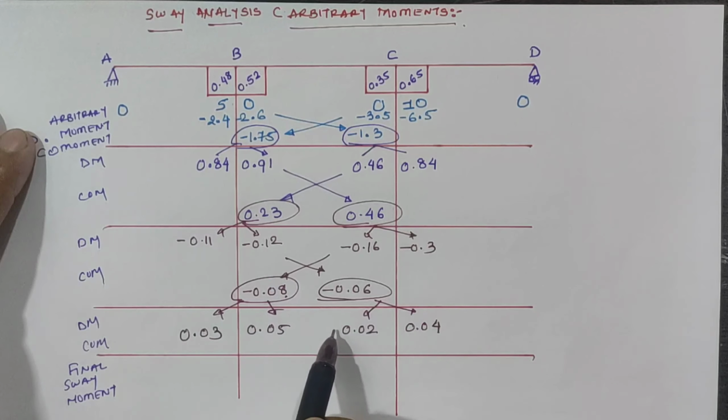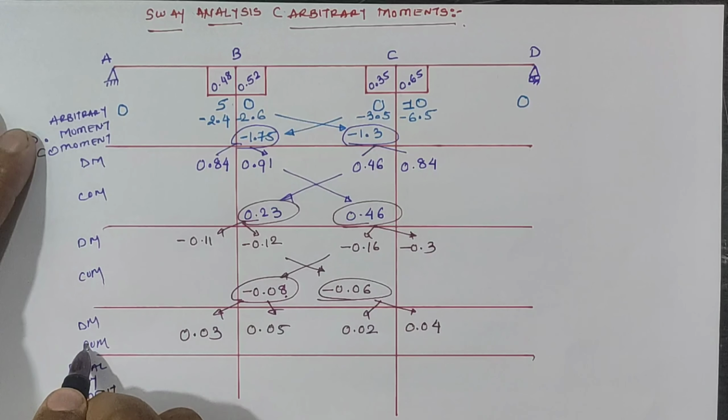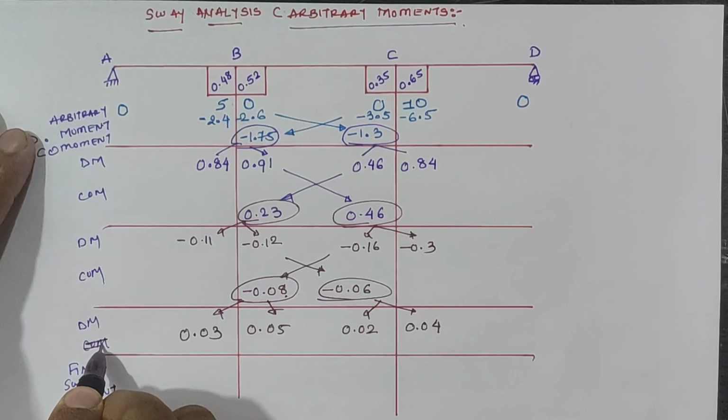As the value is nearby 0.1, we do not carry over the moment to the next step.